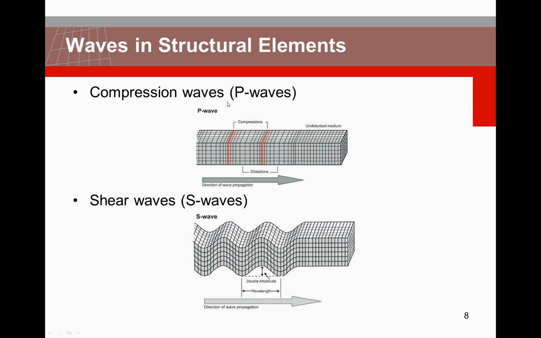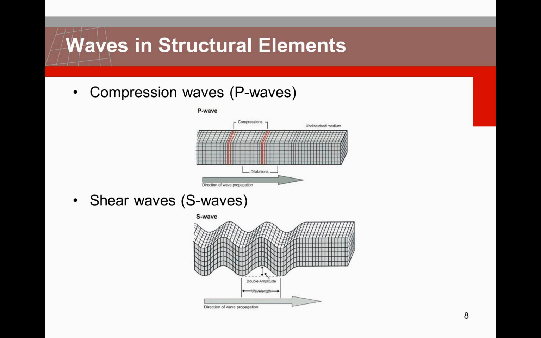Normally, the compression waves are called the P waves, also quite often mentioned as the primary waves. That is because the P waves are traveling faster than the shear waves, or secondary waves. And this difference in wave speed is, for instance, being used for earthquakes to locate the epicenter of the earthquake.